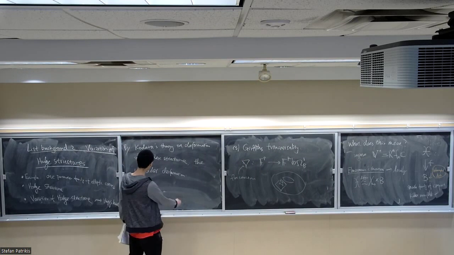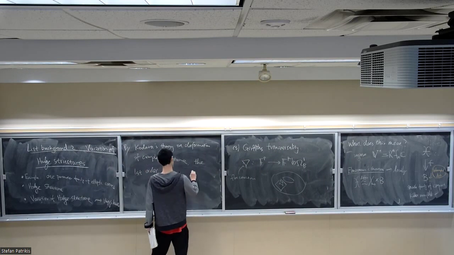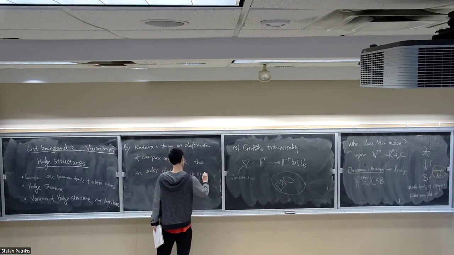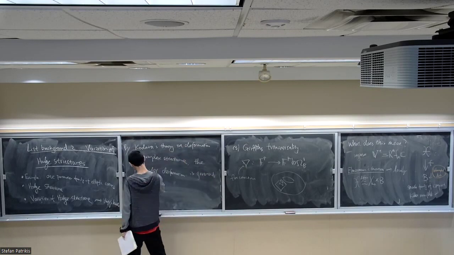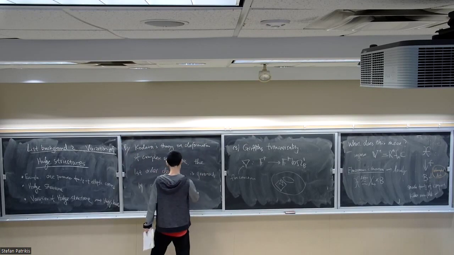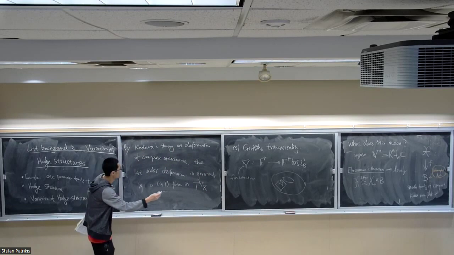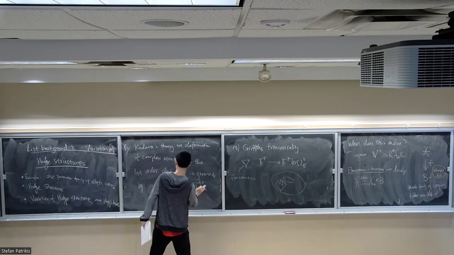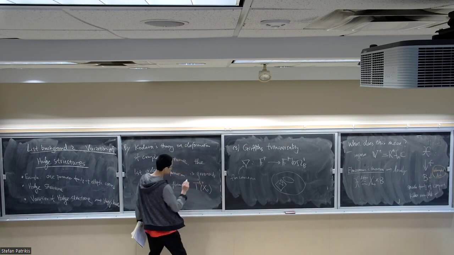The first order deformation is governed by a (0,1)-form with values in the holomorphic tangent bundle of the central fiber.